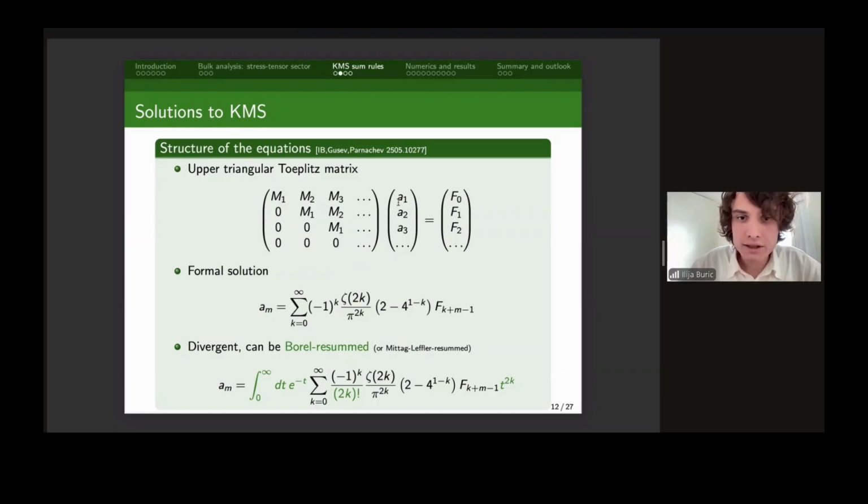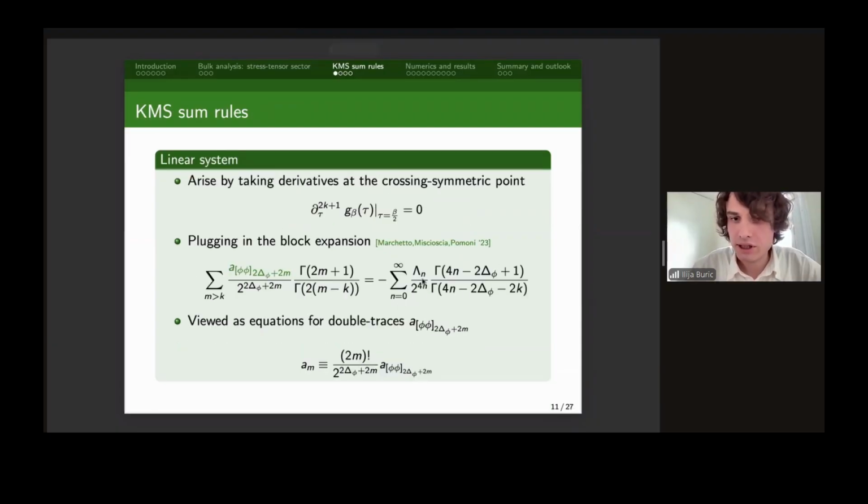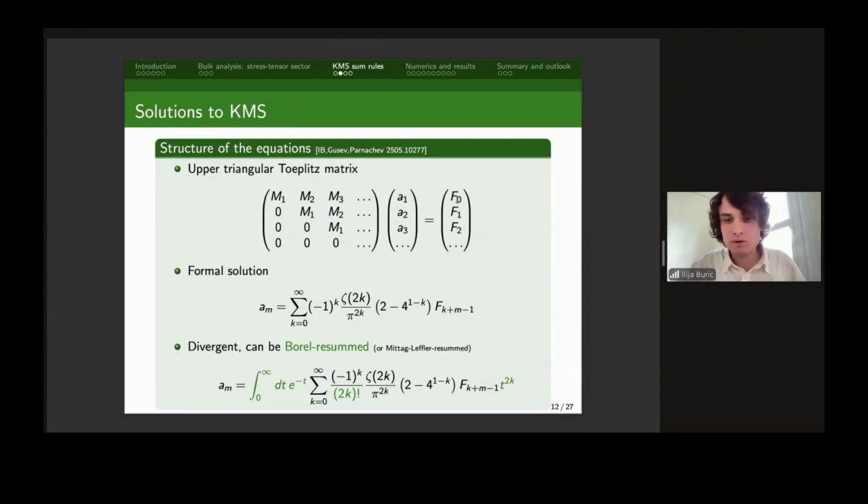Which means if I solve for the first coefficient, I can solve for any other coefficient by just making some shift in the index on the right-hand side. And these F's on the right-hand side are whatever was here on the right-hand side. Basically, I just rewrote this system in a matrix form. So this is some combination of gamma functions and these lambda_n's. Okay, so this structure, and the upper triangular structure, allows to solve by back substitution.